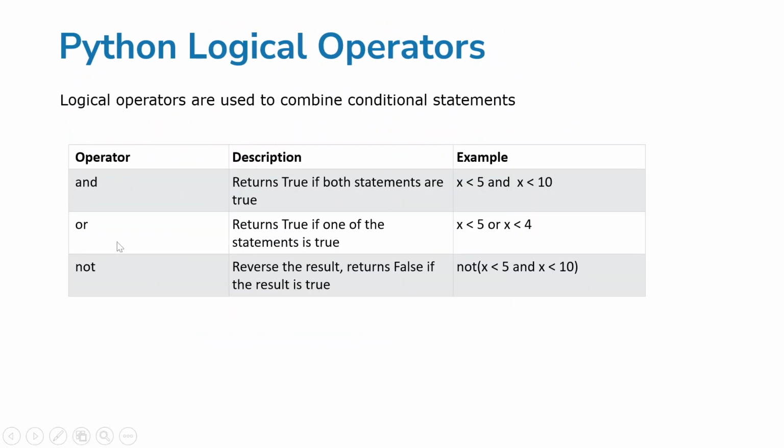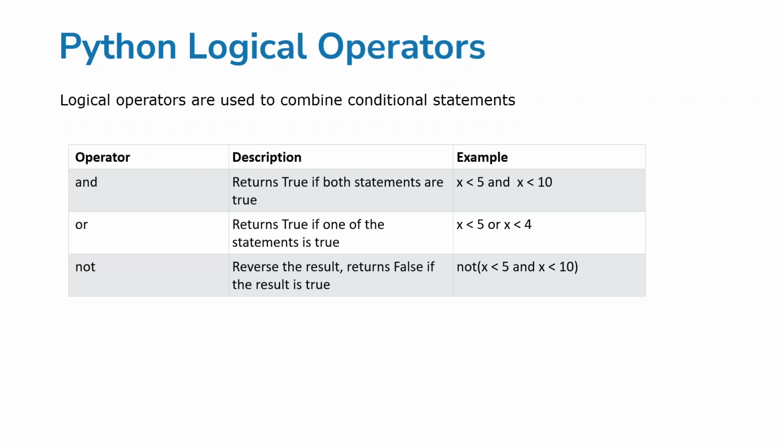Logical operators in Python are these three: and, or, and not. If you have learned logical operations in computer science in your 11th or 12th standard, this is very similar to that. Whenever there are two true statements, it will return true.